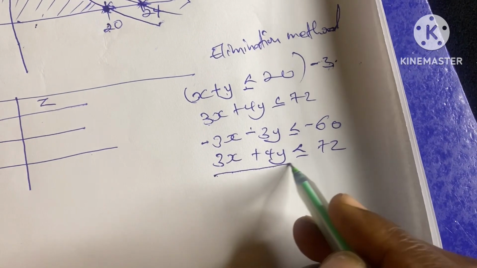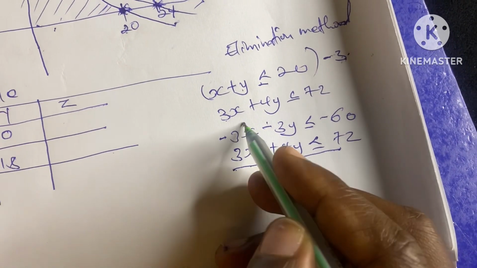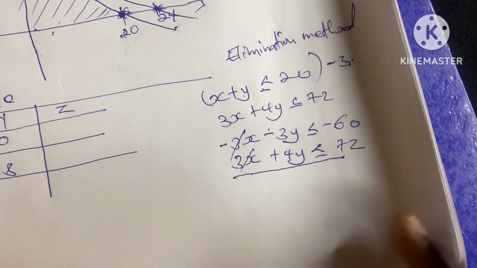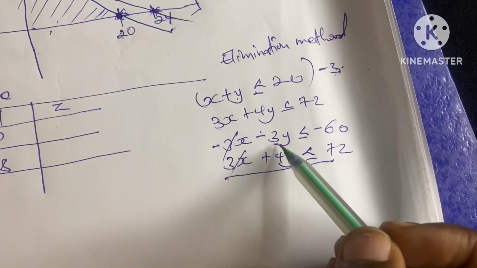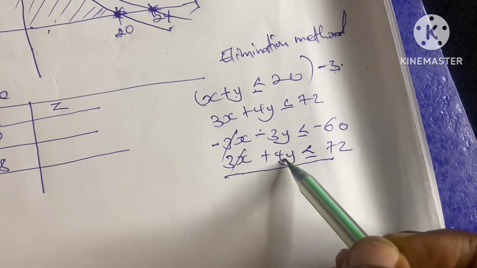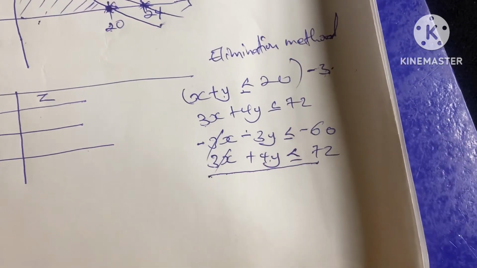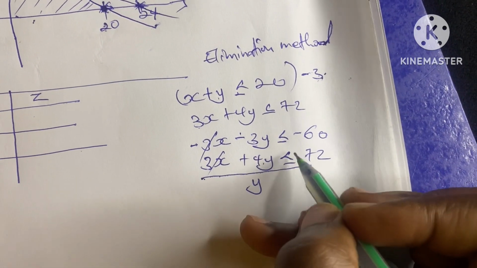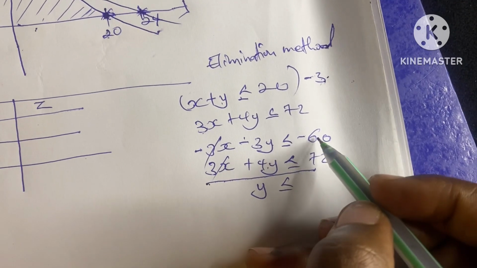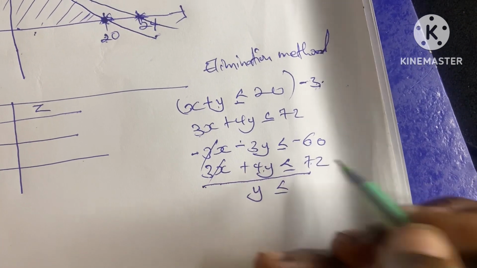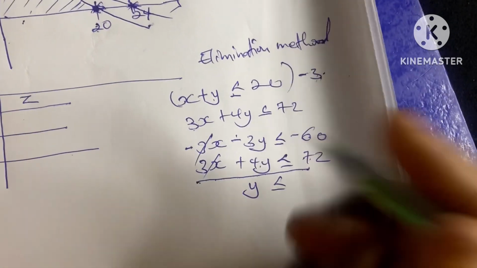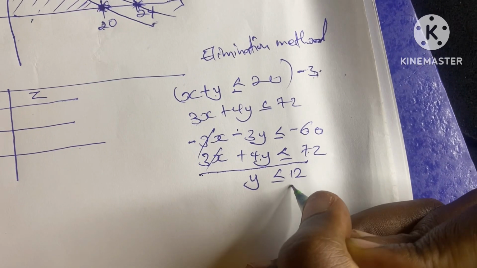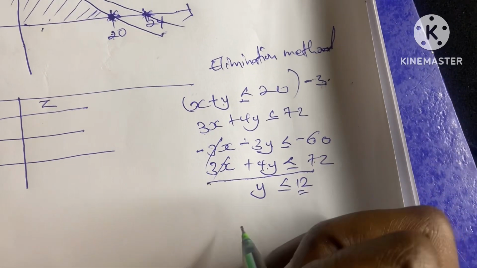So when we subtract this and this, it becomes a 0. Positive and negative, they cancel out. So you remain with 4y minus 3y, what we get is y, less than or equal to -60 plus 72, it is 12. So y is equal to 12.